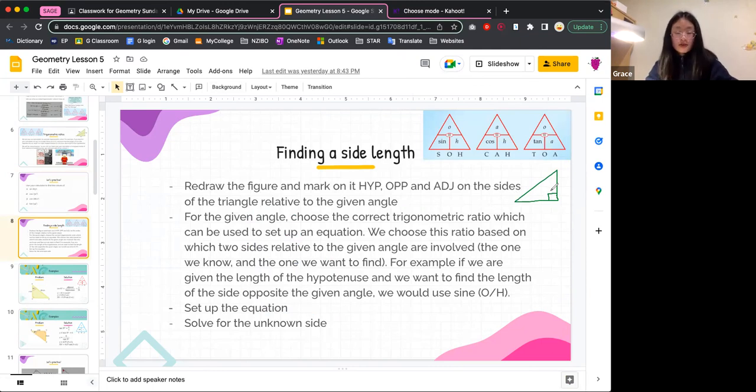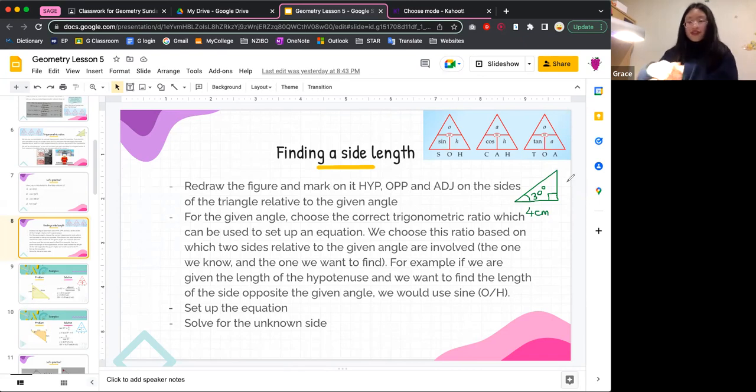So given a right angle triangle, if you know one of the angles, for example, this is 30 degrees, and you're given a side length, for example, this is 4 centimeters, then you can use this to find any other side of the triangle that you want.